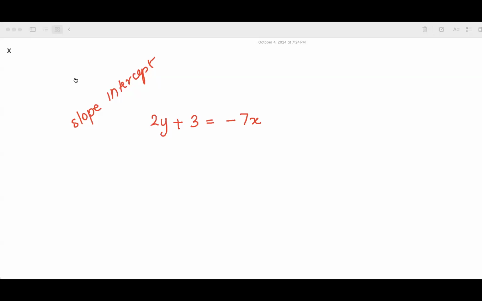Annam, slope is not minus 7x. Whatever accompanies x, minus 7 by 2, is the slope. The division by 2 should also come. Vihan, where is your answer? That's right. Good job, Raga. Good job, Aditya. Aditya, I needed the slope.